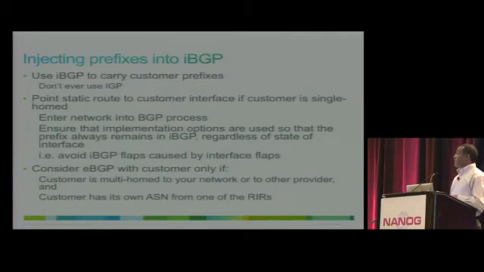You don't want to advertise a prefix assigned to that customer from another service provider to another service provider. You only advertise or receive prefixes assigned to that customer, either from your address space or directly to the customer from a registry.